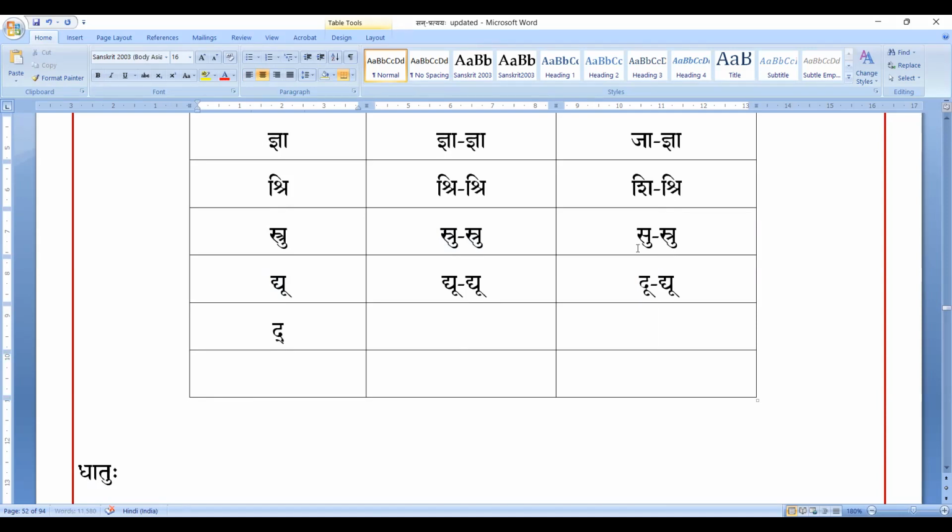Then you can take this. Pish becomes pish pish. Then pish. Actually, pad will be replaced by this. We will see that later.